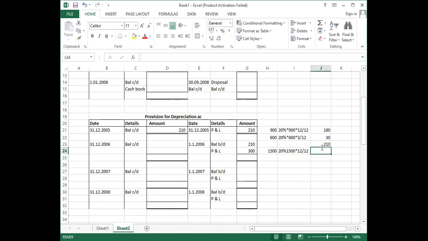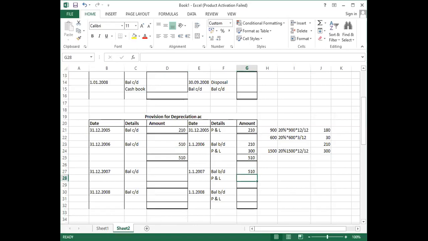Then we should be able to get the value of 300. So that is correct. So that becomes 510, balance carried down 510, right? And the 510 will be a balance brought down on 1st January 2007, right? True or false? True, right?